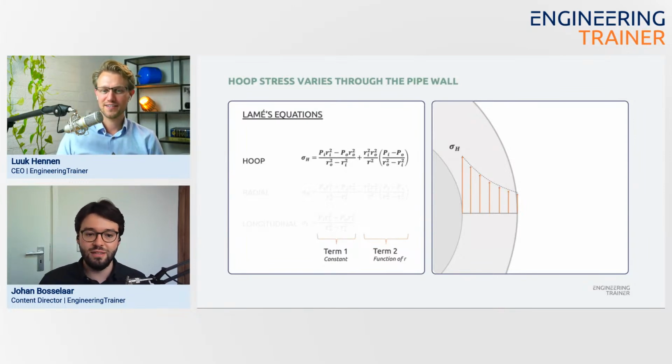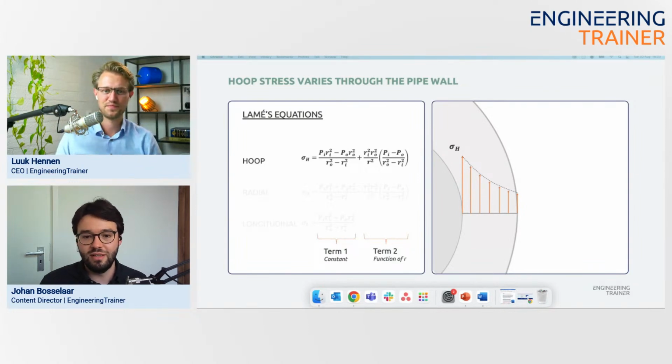If you really look at it, if the external pressure is higher than the internal pressure, then everything shifts, of course. The first term becomes negative, and the second term becomes negative also for the hoop stress.